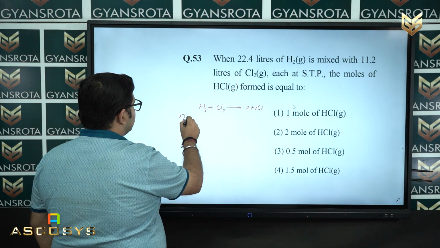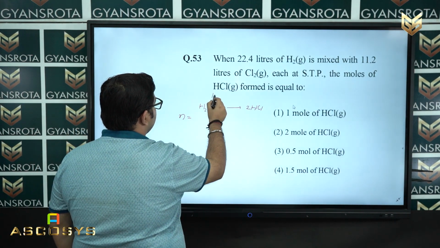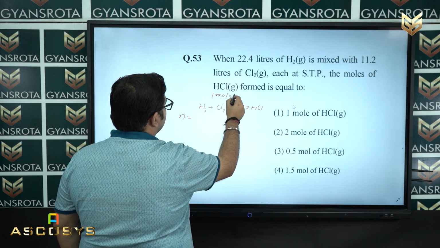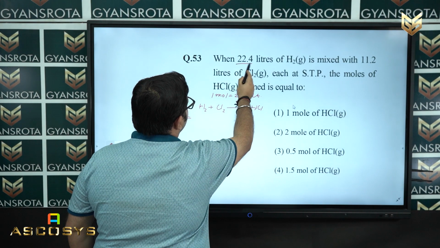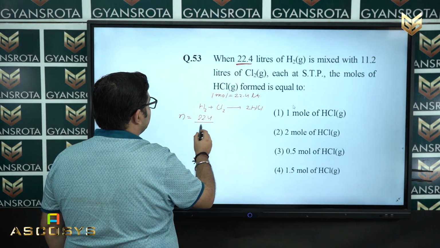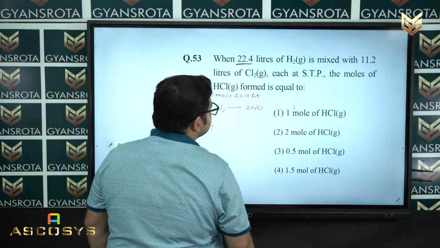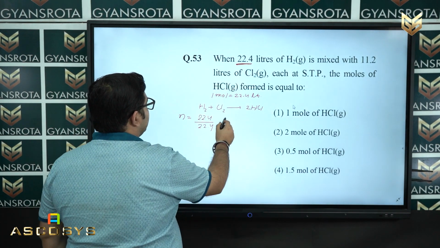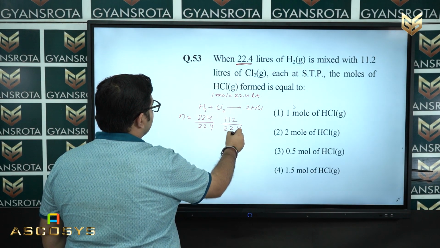For the number of moles given in liters, always remember 1 mole is equal to 22.4 liter. So whatever liter is given, 22.4 liter, divided by 22.4 liter, and for Cl2 it will be 11.2 divided by 22.4 liter.